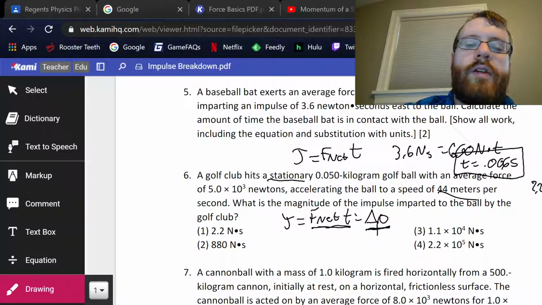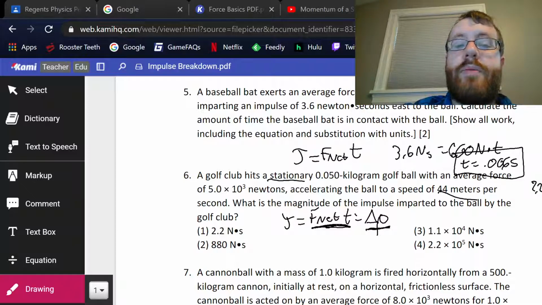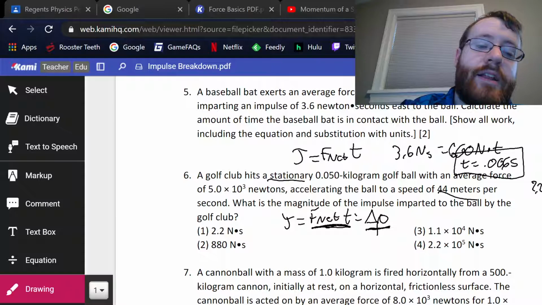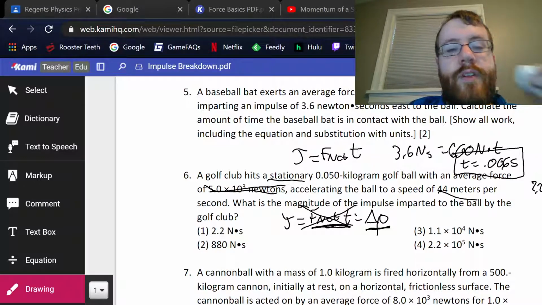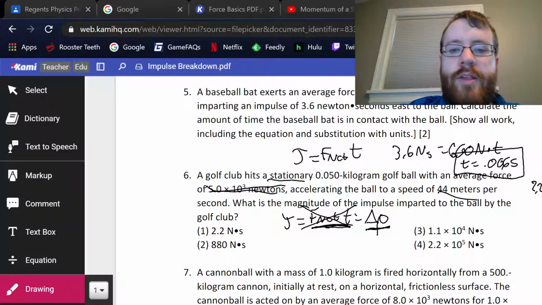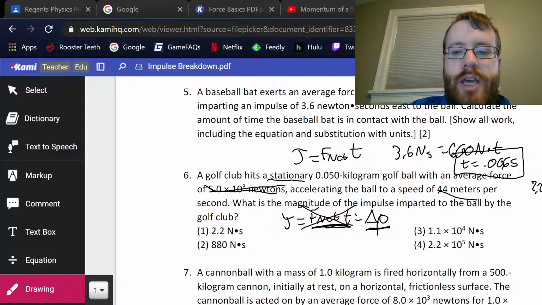We almost have the pieces here to find the F net times T, but we don't have T. And you don't need to find T. So this F net is not going to be used. This whole section of the formula is not going to be used. We just need to find the change in momentum and use that to figure out what the impulse is. Now, the momentum changed.